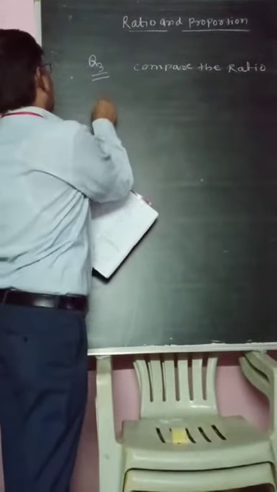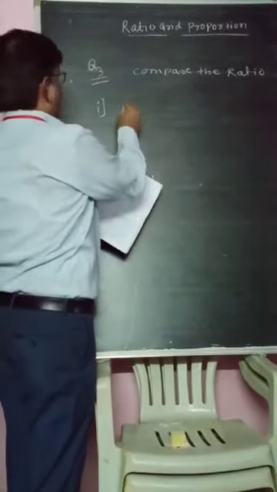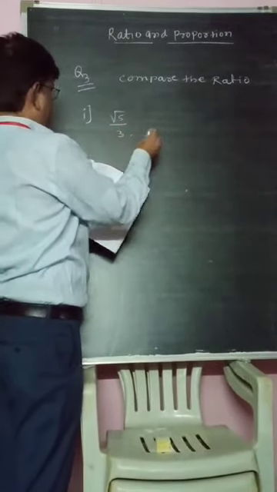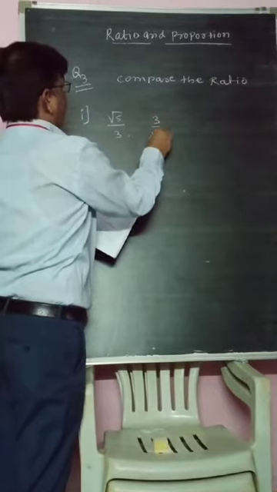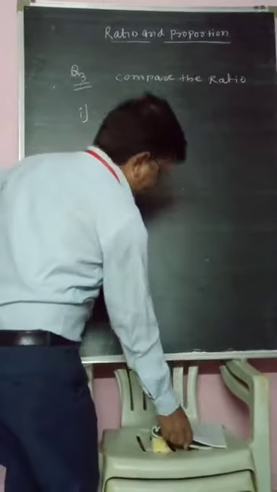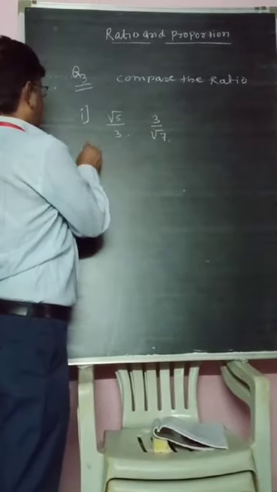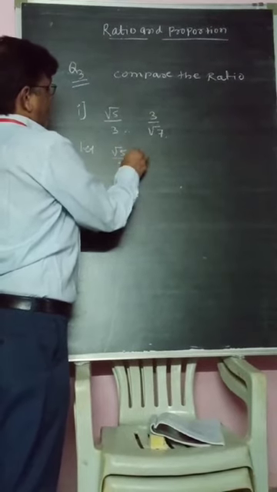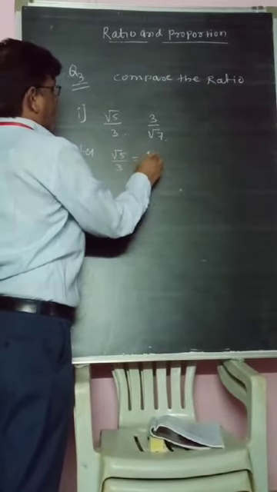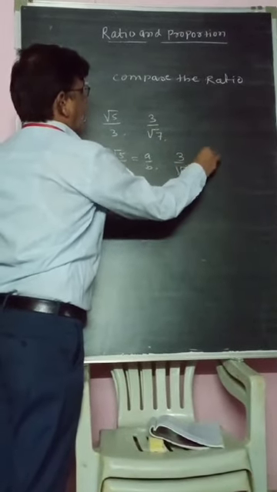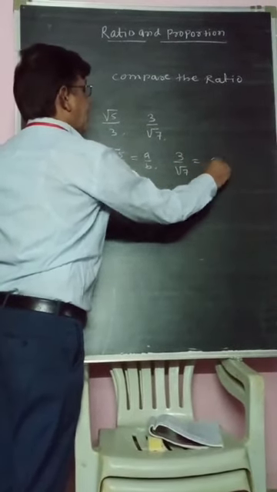First one is root 5 by 3 and 3 by root 7. These two ratios are given to you. You have to compare these two ratios. How to compare? You already know that. Let the first ratio root 5 by 3 be a by b, and 3 by root 7 be c by d.